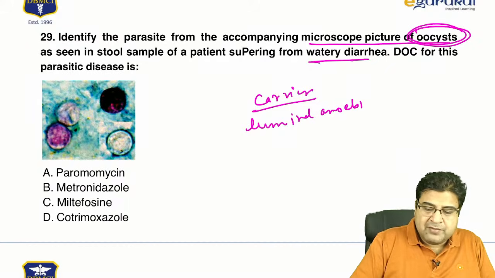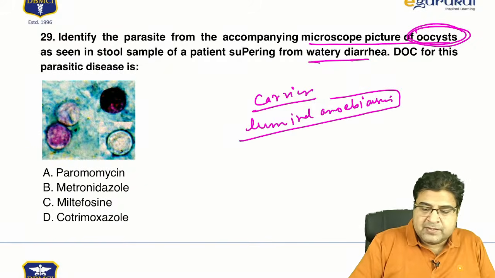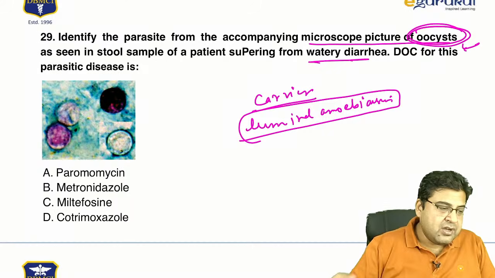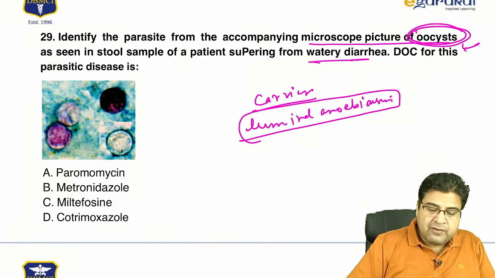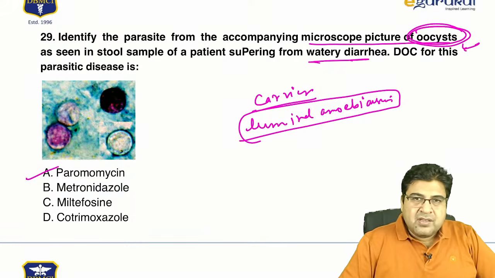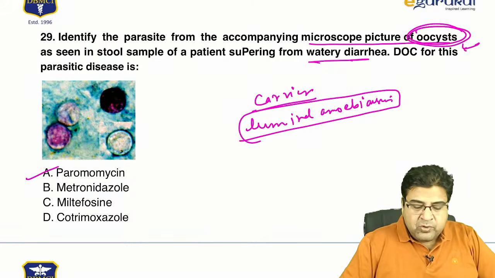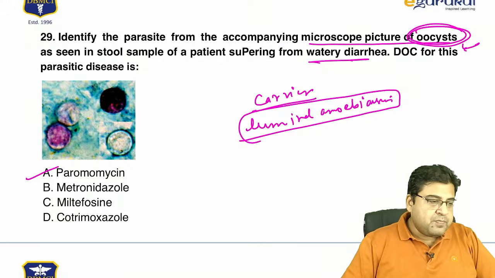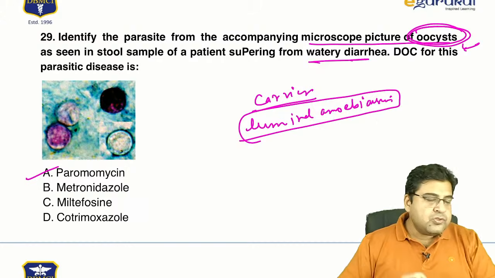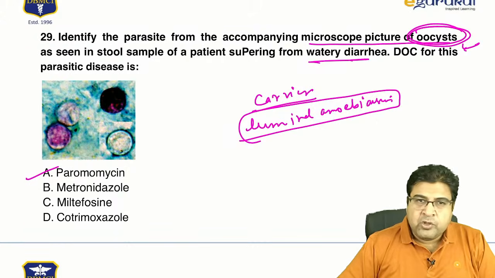For luminal amoebiasis, where the patient is passing the cystic stage, a carrier stage, like a dormant stage, we have to give the medicine paromomycin. Paromomycin is the drug of choice and the best medicine for luminal amoebiasis.